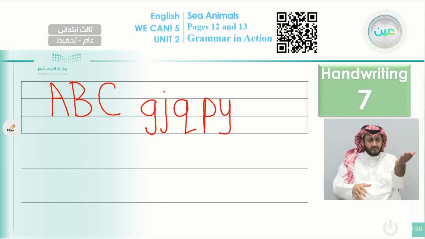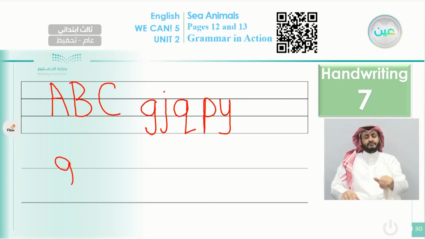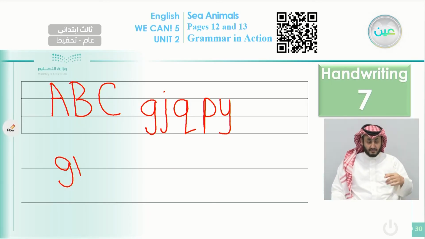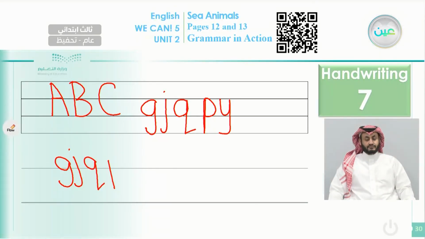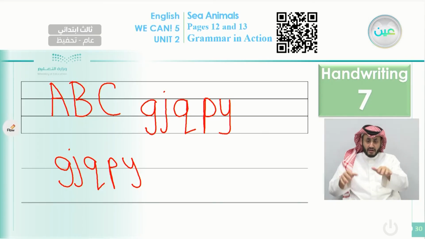So if you write it here, you write G like this, G, J, Q, P, and Y. These are the only 5 letters that you can write under the line. Otherwise, all the letters are to be written above the line.